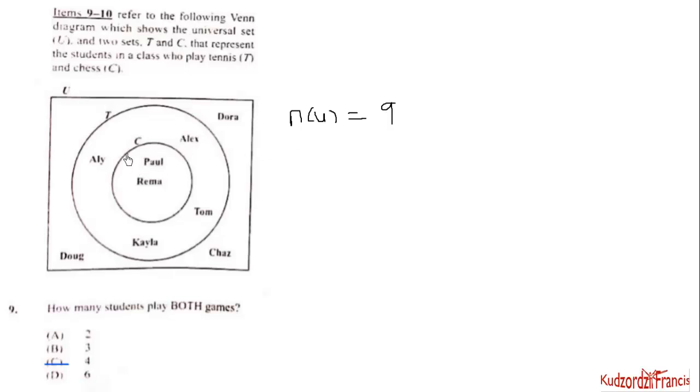Then number who play only tennis will be equal to 1, 2, 3, 4, 5, 6, which is 6. And number who play only chess will be equal to Paul and Rema, which is 2.